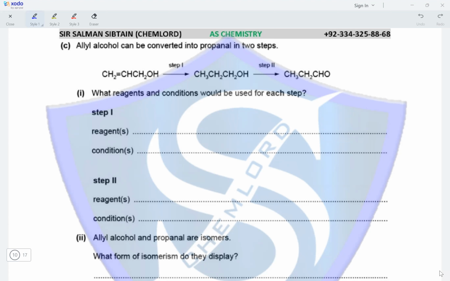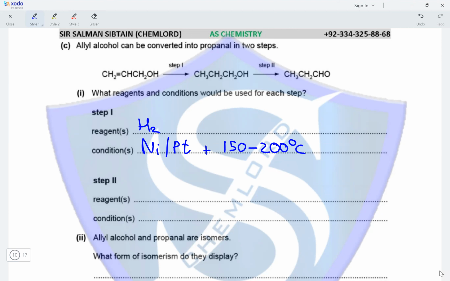The reagent used for step one would be hydrogen gas, as hydrogenation is being carried out, and the conditions would be use of a nickel or a platinum catalyst along with a temperature range of 150 to 200 degrees Celsius in order to carry out hydrogenation of the allyl alcohol.